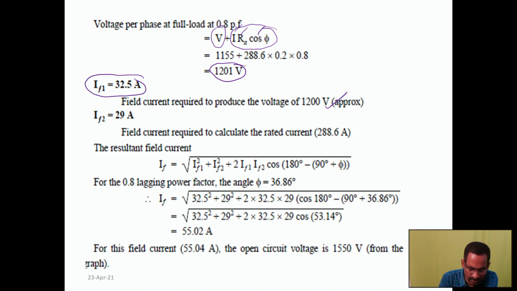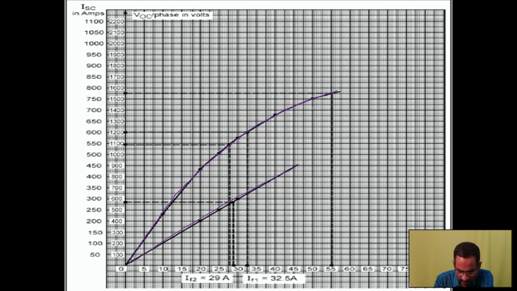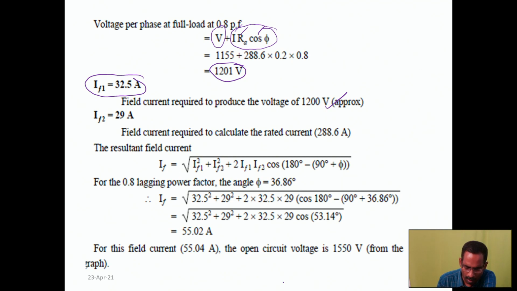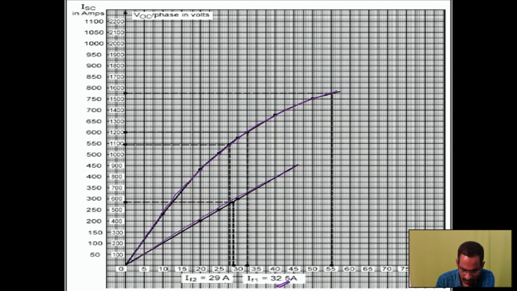I have obtained this value from the previous graph. So for this graph, what is my field current? IF1 is 32.5. Similarly, for producing the 288.6, which is the full load current, the required field current is 29 ampere.